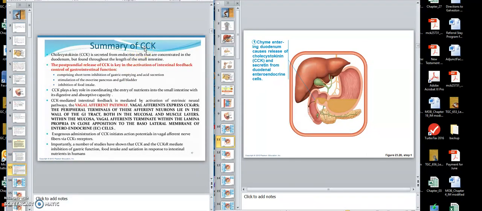Cholecystokinin, that's what CCK stands for. Cholecystokinin is secreted from endocrine cells that are concentrated in the duodenum, but found throughout the length of the small intestine. The postprandial release of CCK, and postprandial is a fancy word for after eating, is key in the activation of intestinal feedback of the gastrointestinal tract.